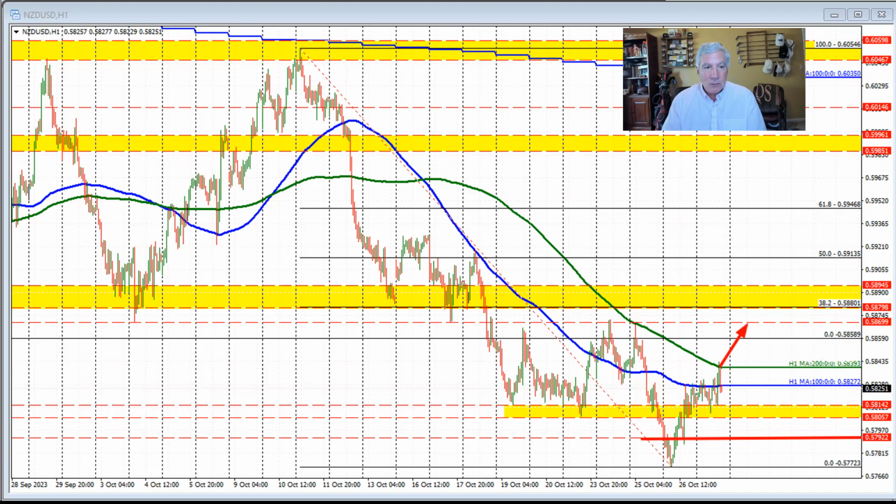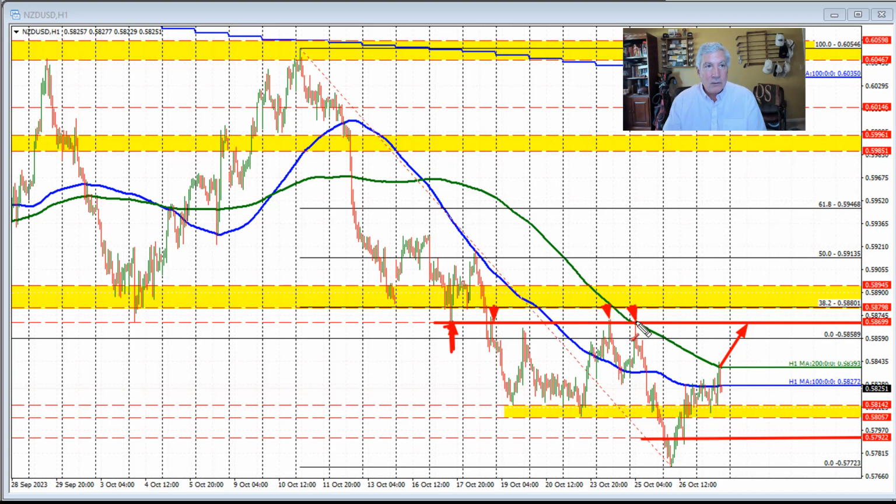We have the potential to move up toward this level right here, which is the 0.587 area. It's defined by swing lows here, and then swing highs right through here, around the 70 level.